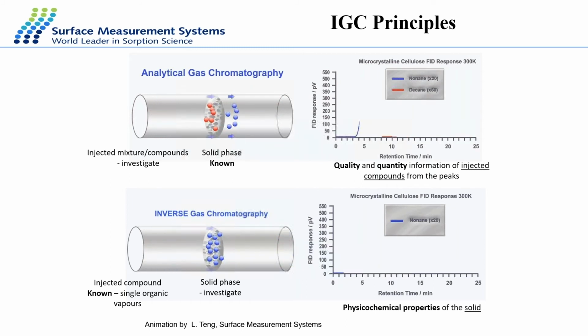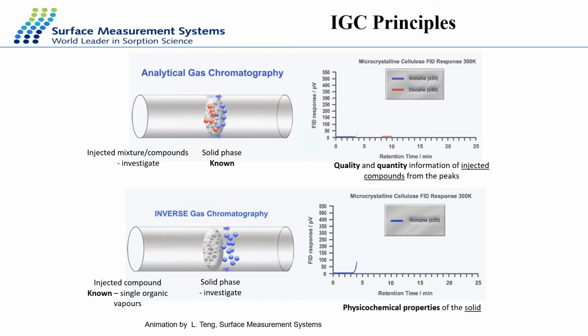And IGC is a characterization technique. It's used to characterize the solid phase which is in the column. So in this case, what we investigate is the solid phase. And what we inject through this column is a known pure organic solvent.